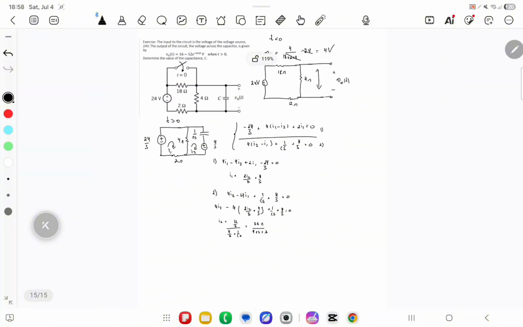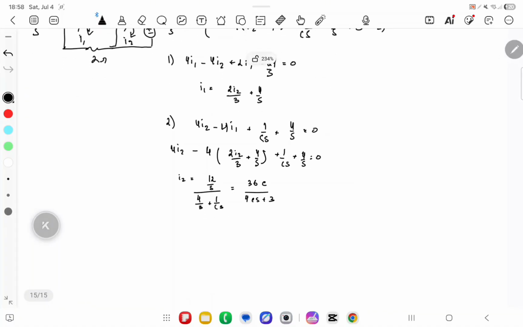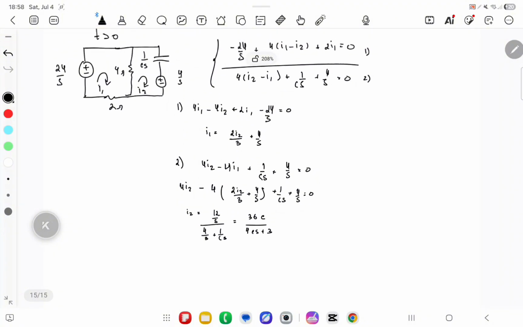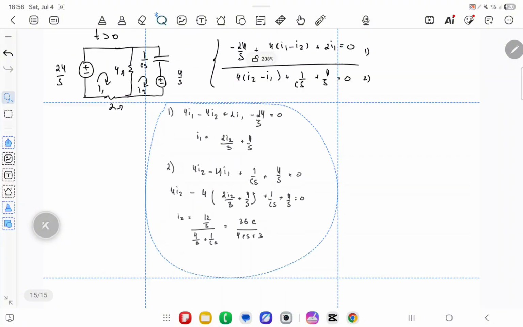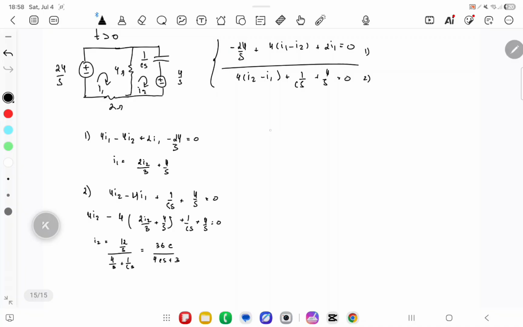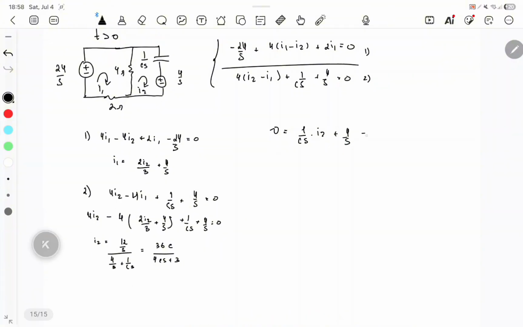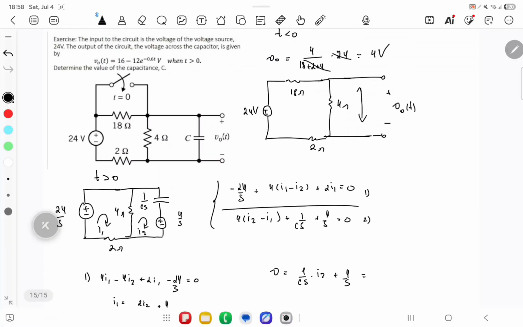And they are asking for the capacitance value. So in order to find our capacitance, we can find the voltage drop of our capacitor. So the voltage drop across the capacitor C will be equal to 1 over CS multiplied by I2 plus 4 over S. And this is also equal to this thing, right?